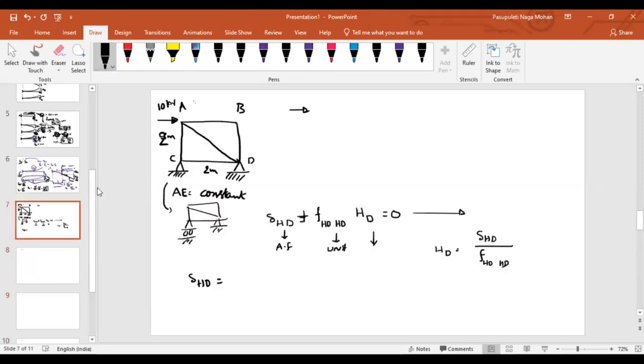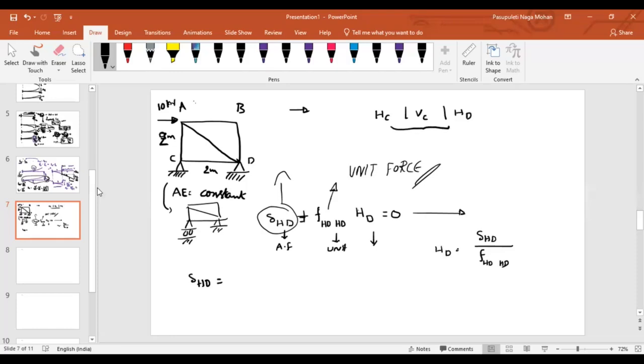The remaining things we have already discussed, how to find this. And if you know how to find this, in the same way you should know how to find this, because this is found using unit force only. So I request you, for one I told you to consider horizontal reaction at C, for another vertical reaction at C, and for another horizontal at D. Please work out this case and tomorrow or in the next class let me know these values.